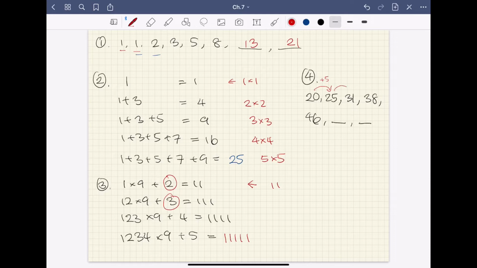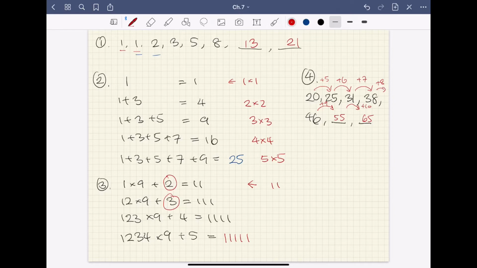From 25 to 31, it's adding 6. 31 to 38, it's adding 7. 38 to 46, it's adding 8. Then 46 to the next term, it will be adding 9, and then adding 10. So 46 plus 9 is 55, and 55 plus 10 is 65.